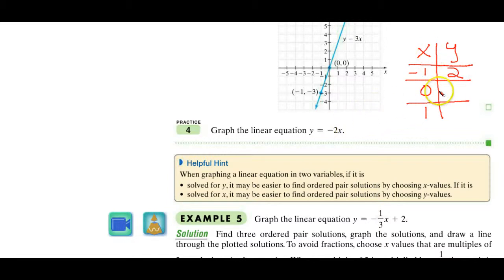And if x is 0, y is 0. It's going to go through the origin. And if it's a +1, this becomes a -2. So when we graph that, it'll be -1, 2, 0, and then 1, a -2. And there's our line.